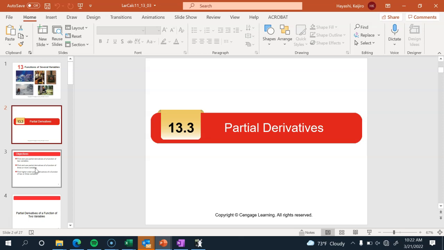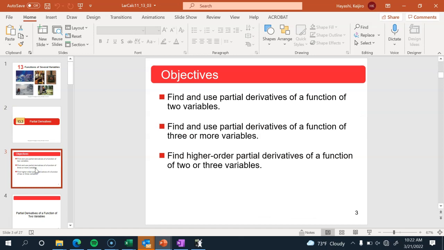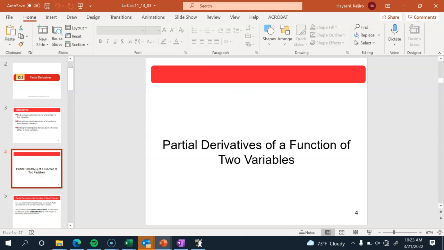But like we just saw before spring break, if we have a function of several variables, it's hard to think of taking the derivative with respect to several variables at a time, so we don't. What we do is we take partial derivatives, which just means take the derivative of the function with respect to one of the variables at a time.